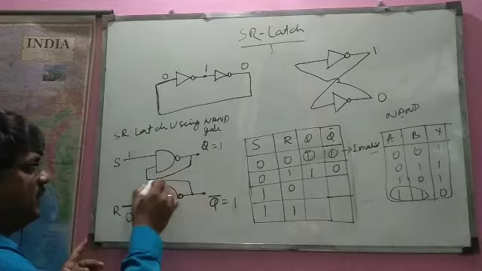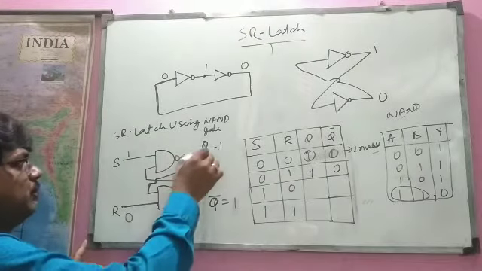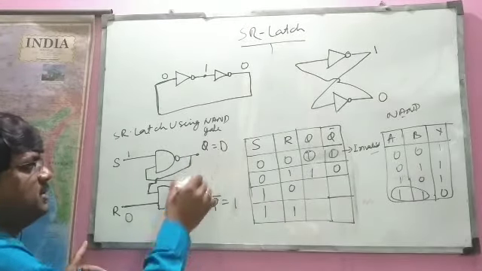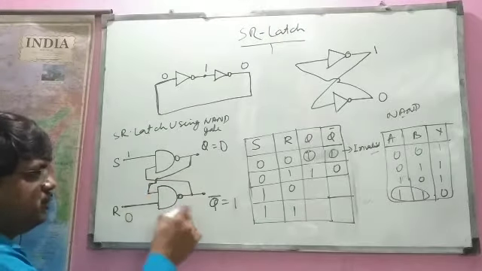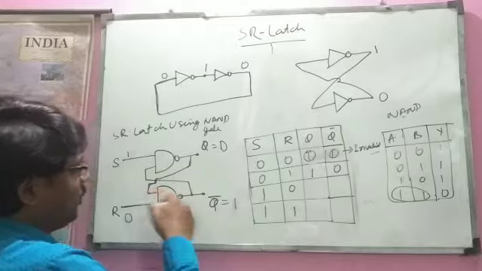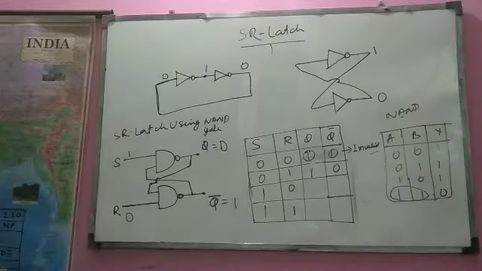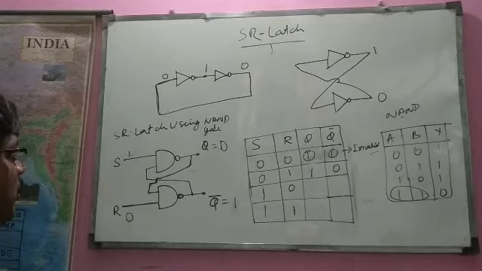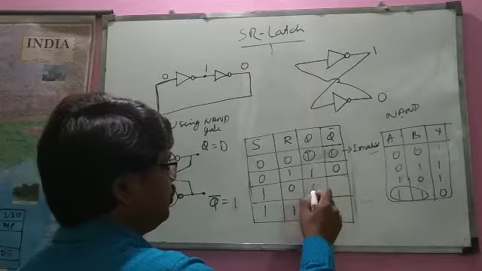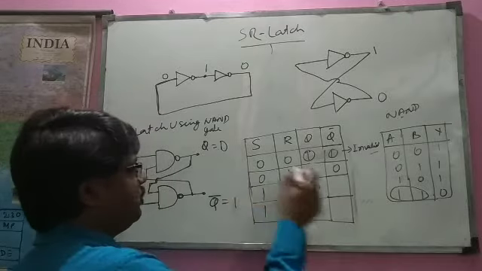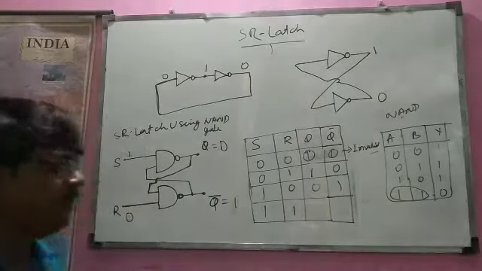And if this is 1 here, this will change here and take this input here. This is 0, this is 0. Both inputs are 0, so the output will be 1. No problem, there is no change. So this is 0. Q is 0 and Q bar will be 1.